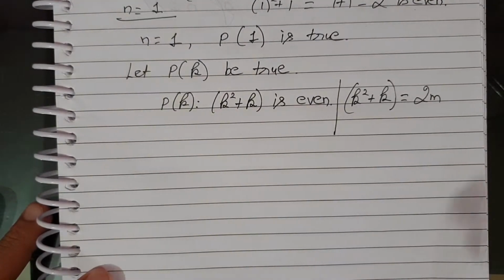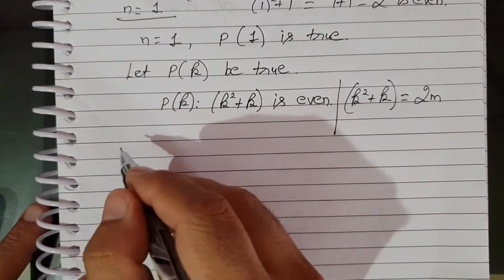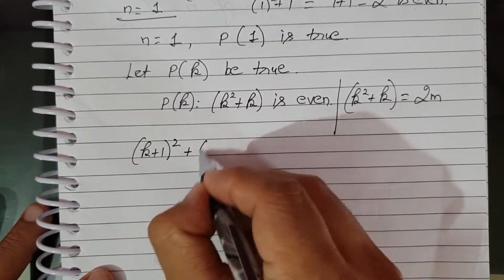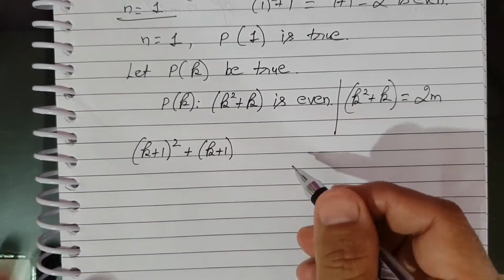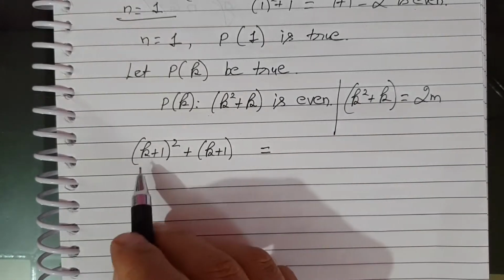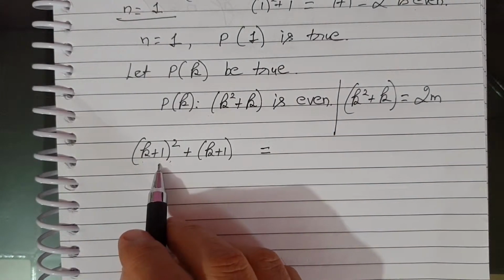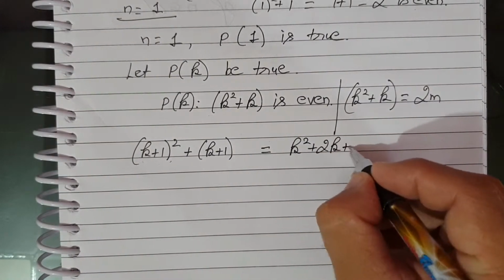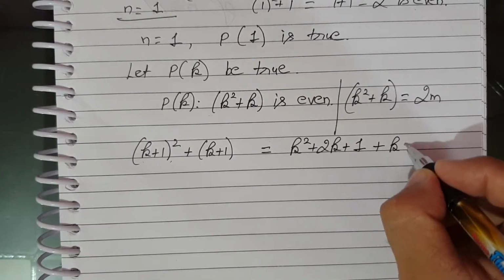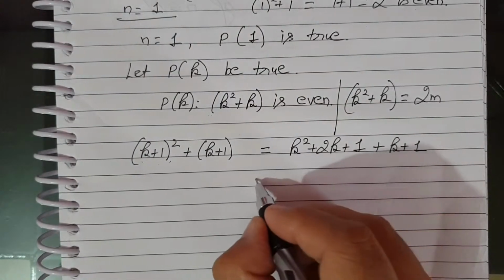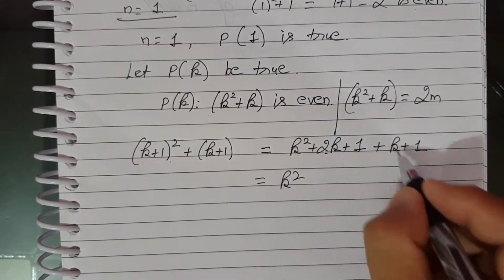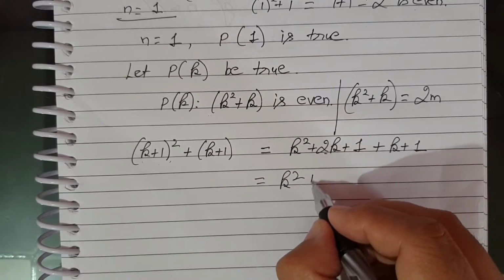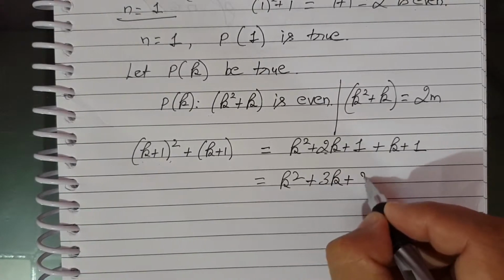Now see, replacing k by k plus 1. So k plus 1 whole square plus k plus 1. This is actually equals to, if you expand the bracket, k square plus 2k plus 1, and this is plus k plus 1. So this will become k square plus 2k plus k, which is 3k, plus 2.